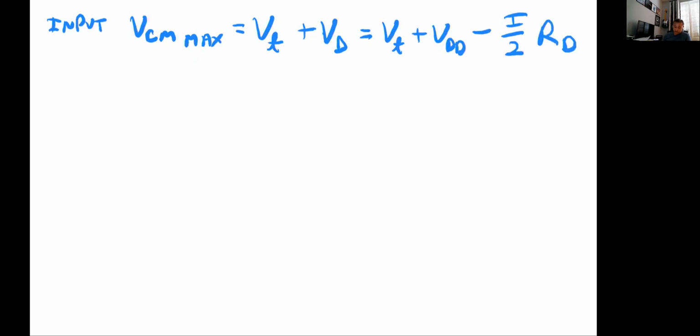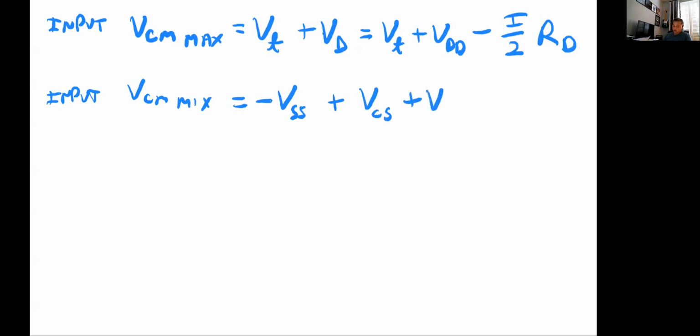The minimum common voltage that we can have is going to be the negative supply plus the common voltage at the source, because the sources are tied together, plus the threshold, plus the overdrive voltage.